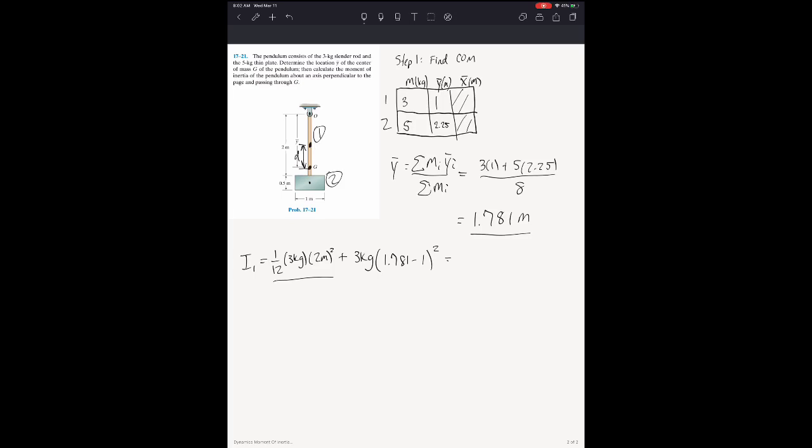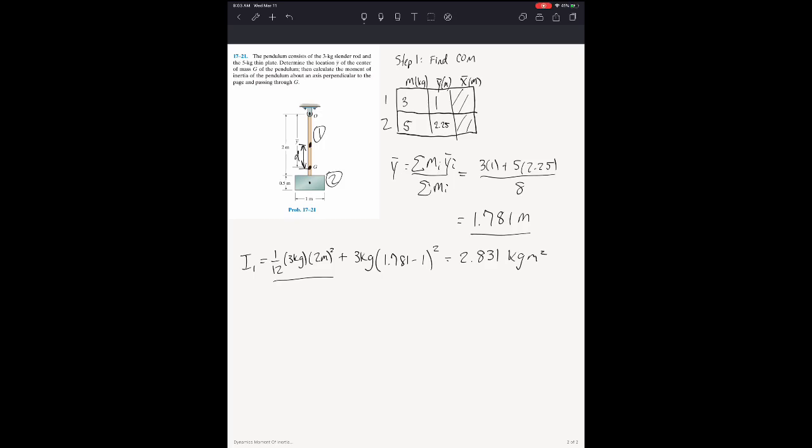This is equal to 1/12 times 3 times 2 squared plus 3 times 0.781 squared is 2.831 kilogram meters squared.